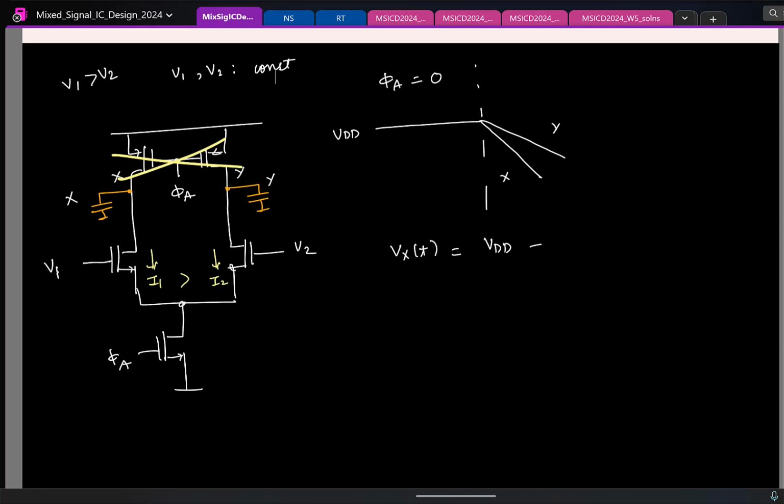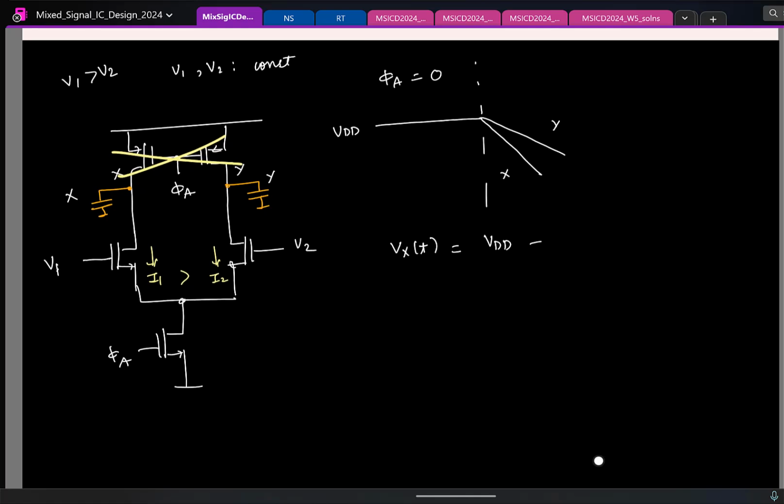The integral of I dt by C, and I is constant, so that's going to be I1 by C times t. Similarly, Vy of t will be what? Now if I define the output as Vx minus Vy, that's simply (I1 minus I2) by C times t.